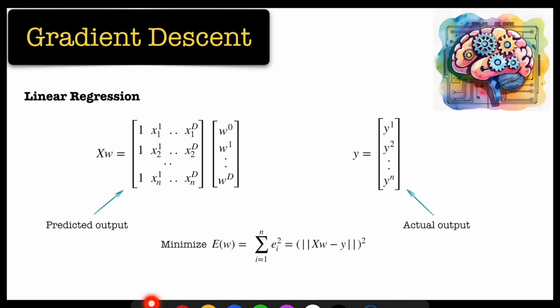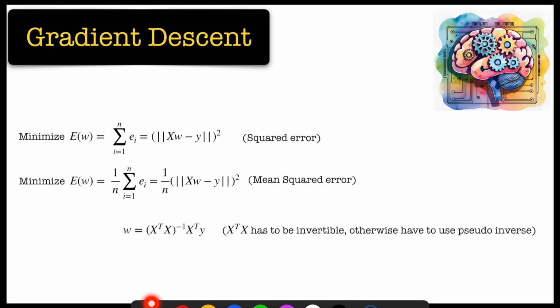And our objective function was to minimize the sum of squares, right? So norm of Xw minus y, whole squared. So the squared difference between these two. Now this is the squared error, and we can also divide it by n and get the mean squared error. So either one of these we can try to minimize.